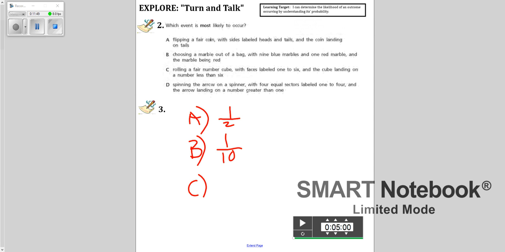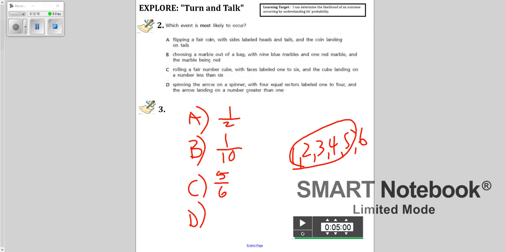Choice C, rolling a number cube with faces labeled 1 to 6, I think they mean a dice, and the cube landing on a number less than 6. Well, remember that a number cube or a dice has numbers 1, 2, 3, 4, 5, 6, and 5 of them are less than 6. So that would be 5 out of 6. And choice D, spinning the arrow in a spinner with 4 equal sectors labeled 1 to 4.